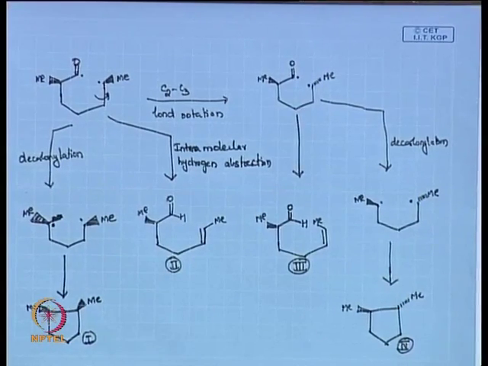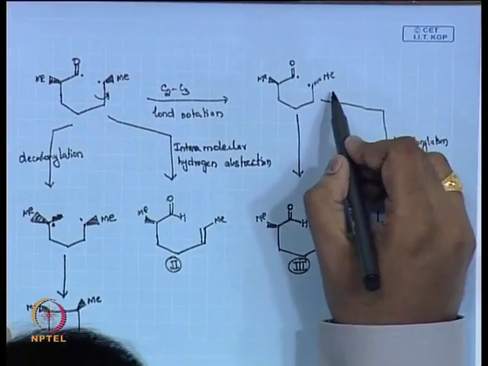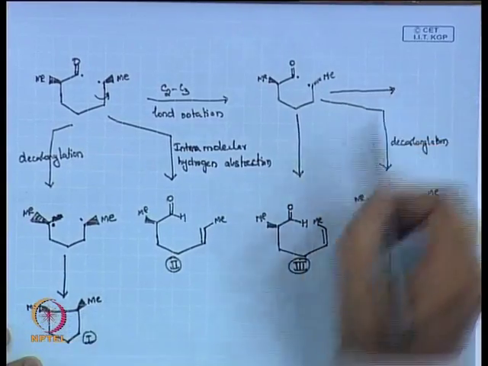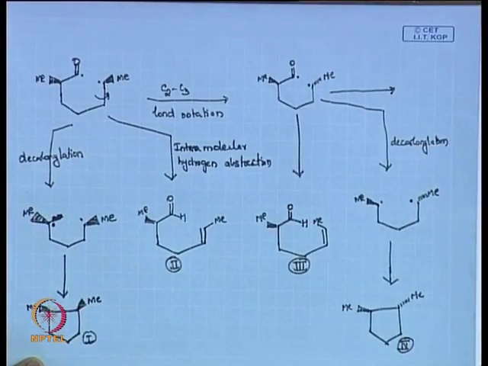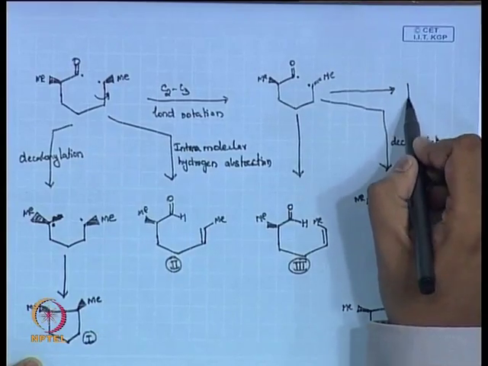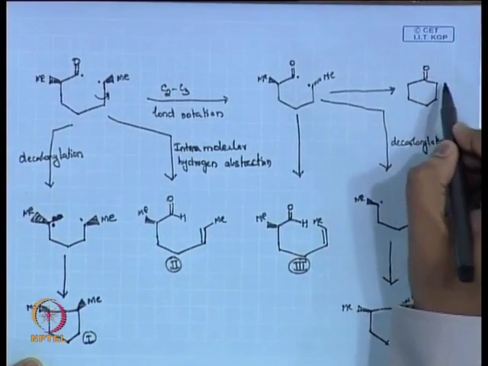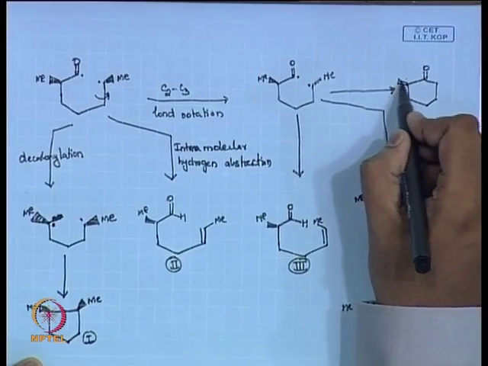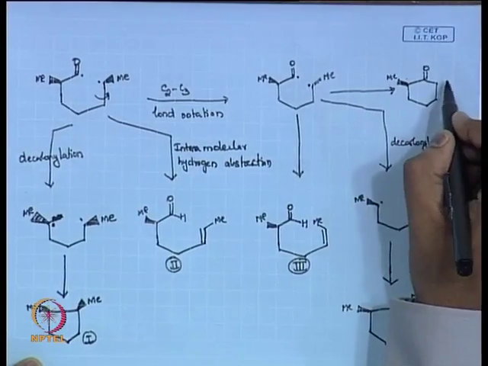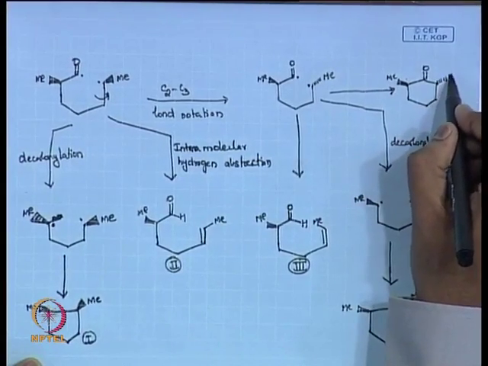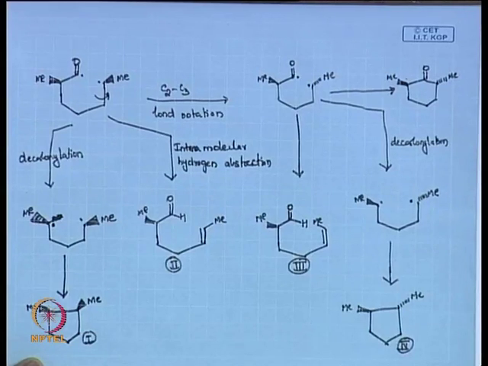Then one important reaction happens, that is what I said, this can undergo a radical recombination, then I should get a cyclohexanone, which will be different from your product.